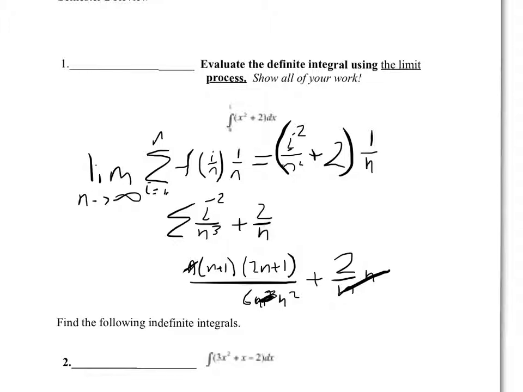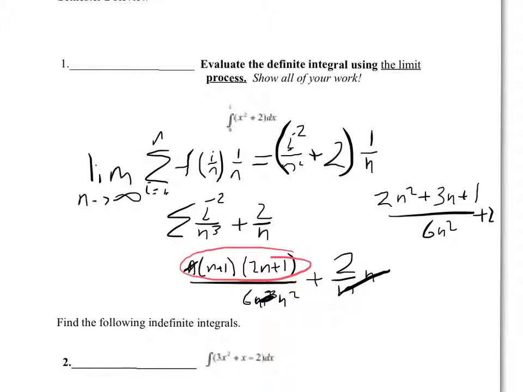Alright, let's see what else we have. I should probably multiply that out, so I'll get 2n squared plus 3n plus 1 all over 6n squared, and then I still have the plus 2 over there.